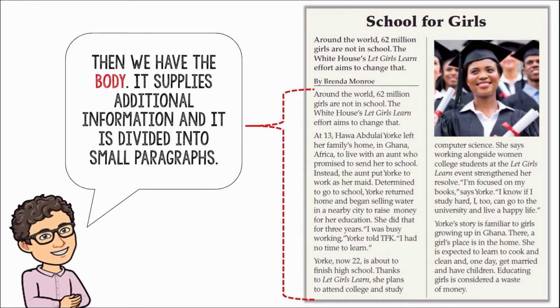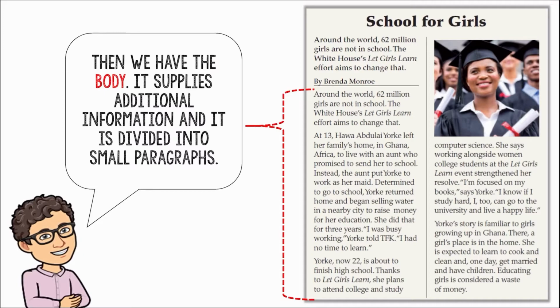Then we have the body. It supplies additional information and it is divided into small paragraphs. Here we have, around the world, 62 million girls are not in school. The White House's Let Girls Learn effort aims to change that.